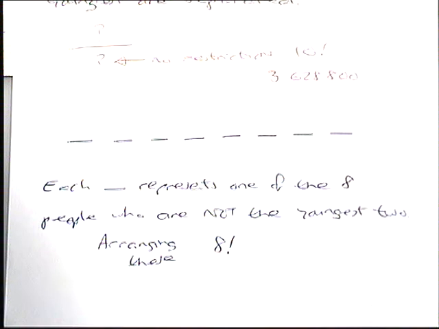Now, if the 2 youngest are going to be together, how many places could they stand in? Can you describe where those places are?